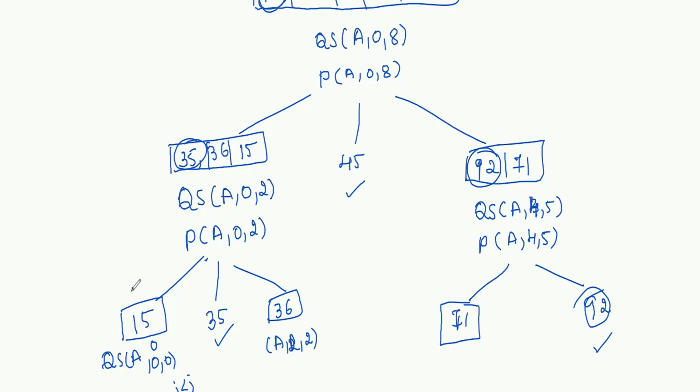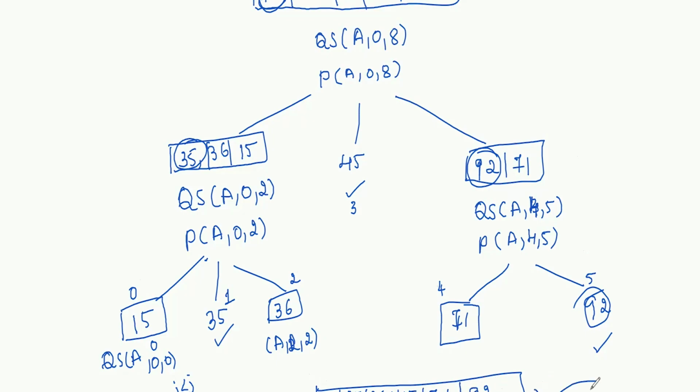As you can see, this is the zeroth position of the array. This is the first position, this is the second position, this is the third position, fourth and fifth. If I write it in the form of an array, it is going to look something like this: 15, 35, 36, 45, 71, and 92.